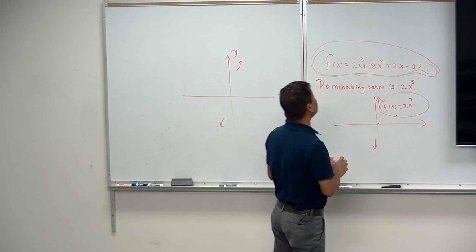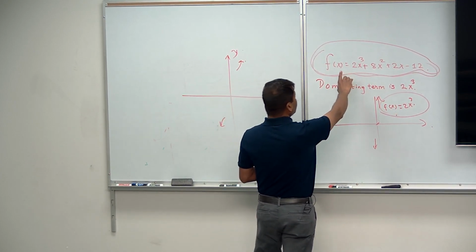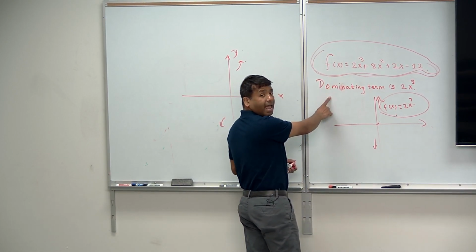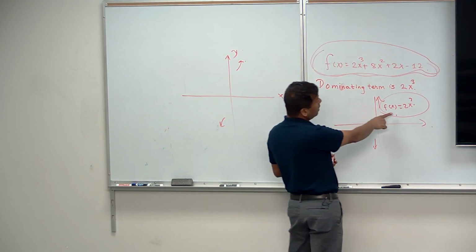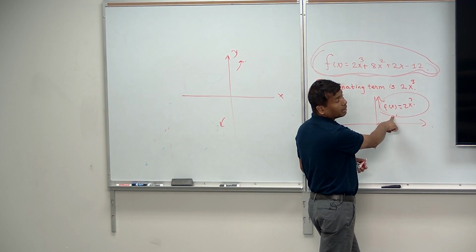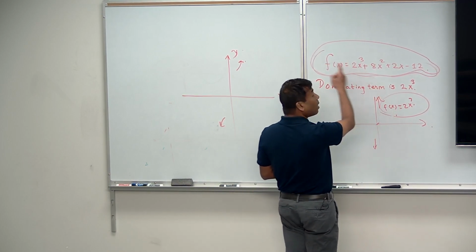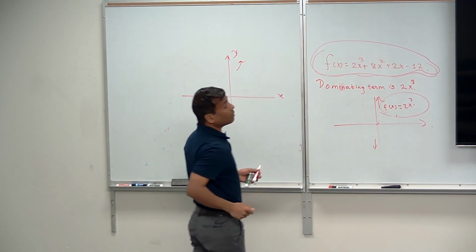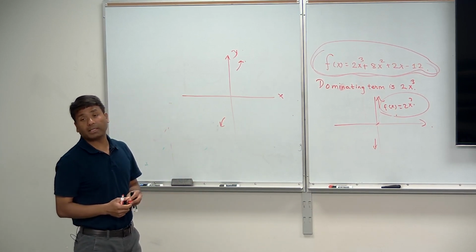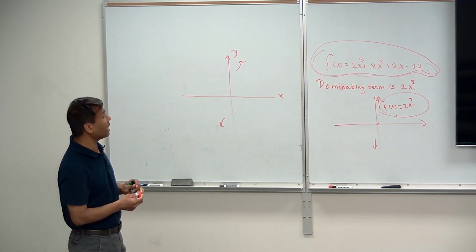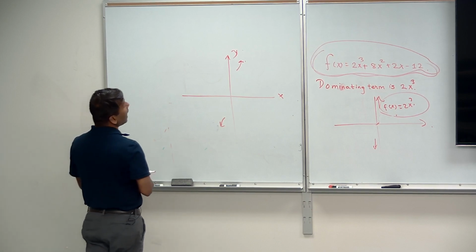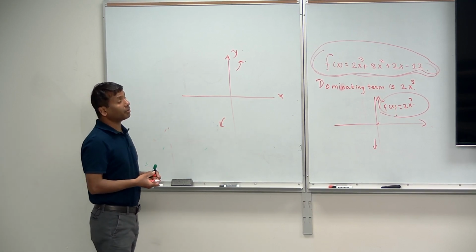So let me say this function has the same behavior as this function. It is large and positive for large positive values of x, and large and negative for negative values of x with large absolute value.